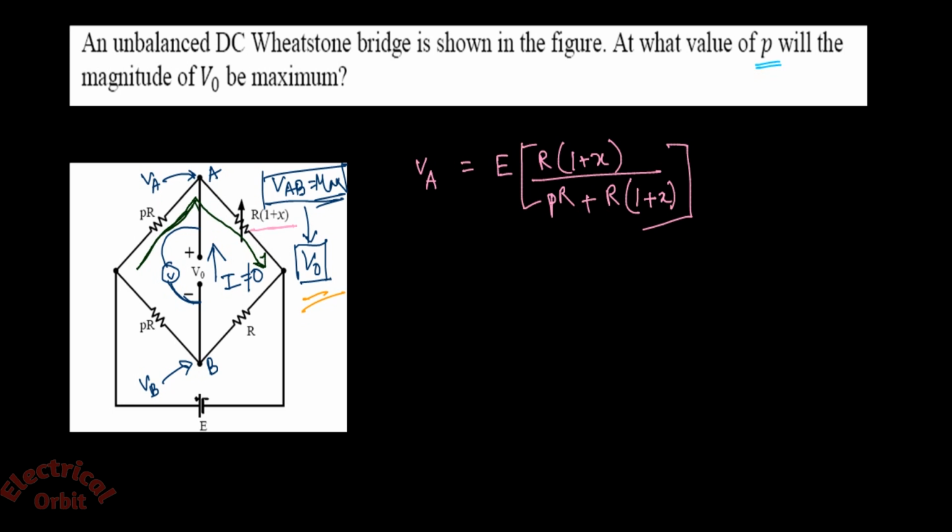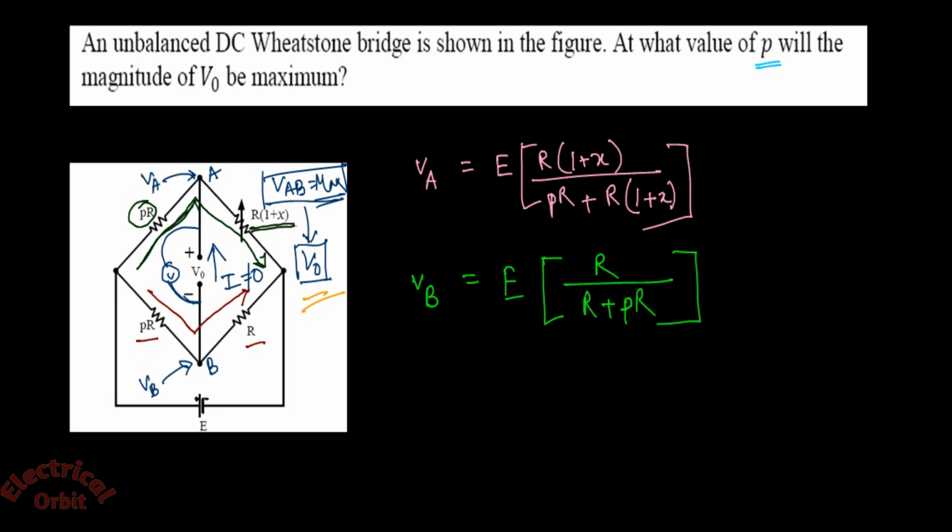Here the resistances are given as PR and R into (1+X). Now if we similarly consider the lower branch, here the resistances are PR and R, so our VB will be E into R divided by R plus PR, simple voltage division rule.